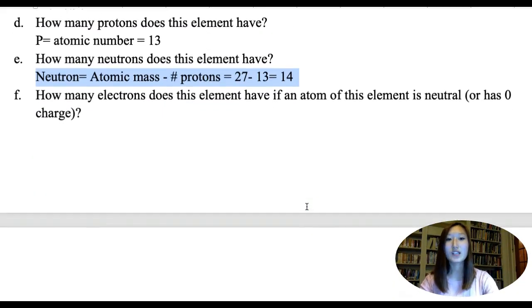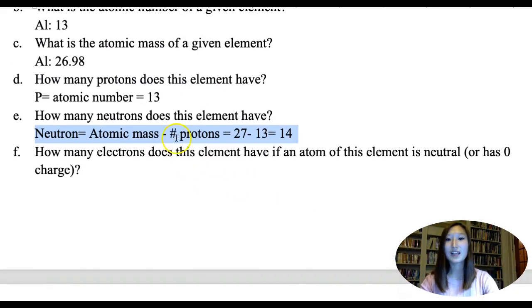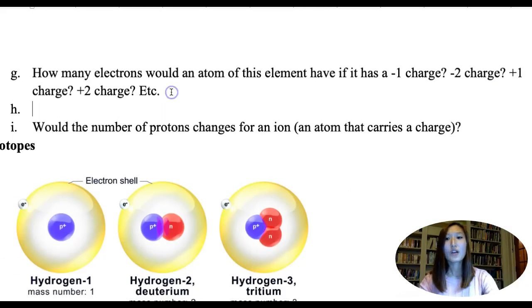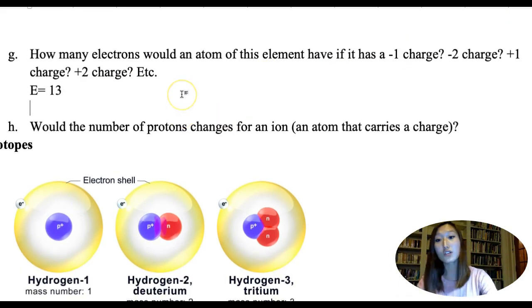How many electrons does it have? If the element is neutral, the answer should also be 13. But what would happen if this element has a charge? Electrons carry negative charges.